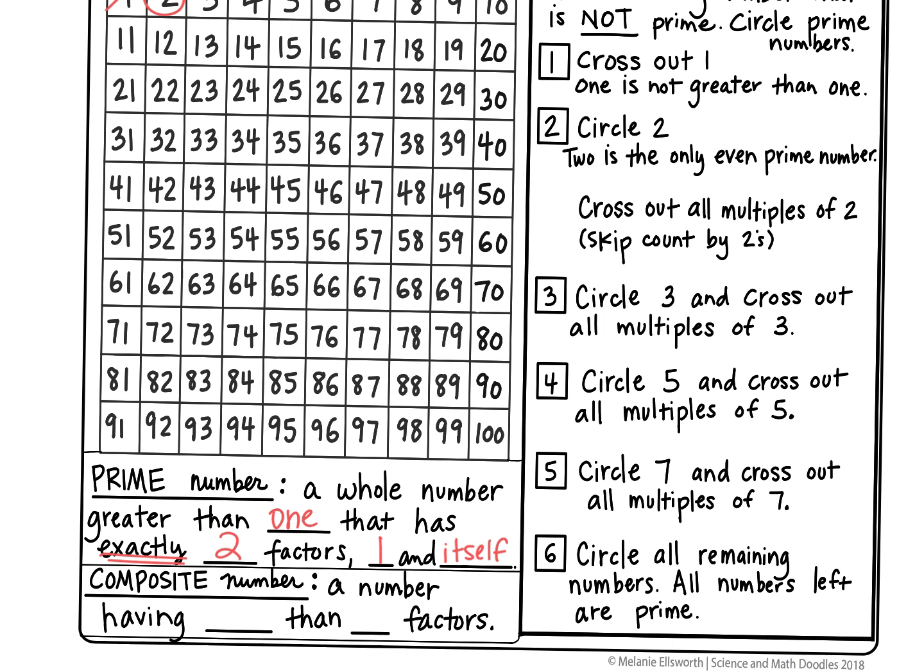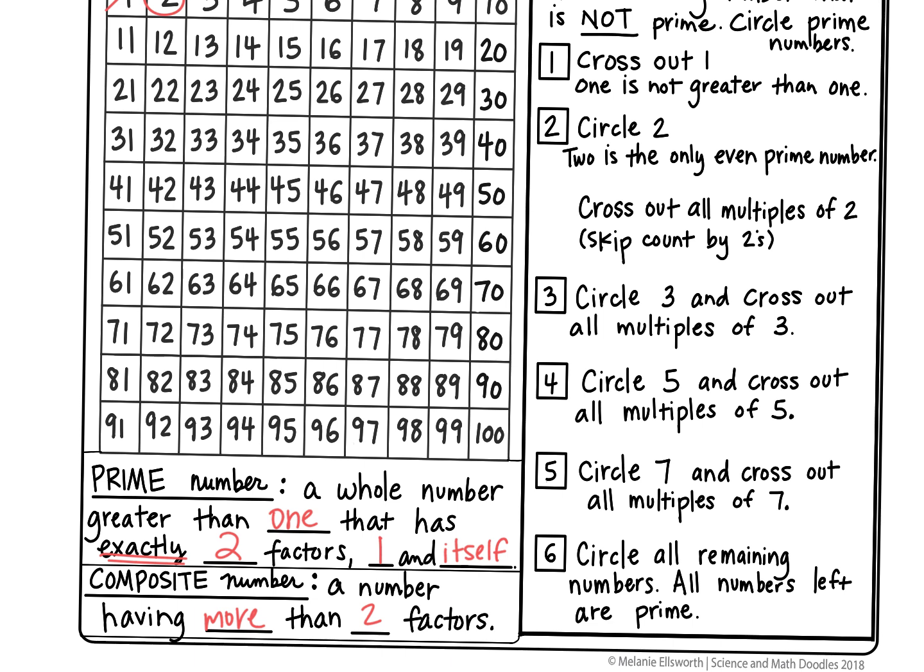A composite number is a number having more than 2 factors. So 2 is special because it's the only even number that only has 2 factors, 1 and itself. Every other even number is divisible by 1 and itself, and also 2 and something else.